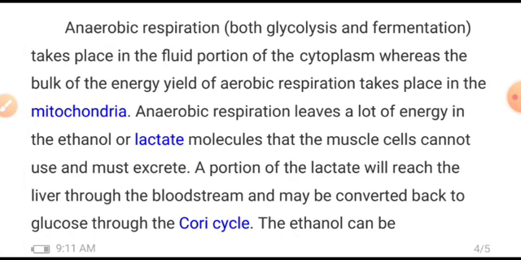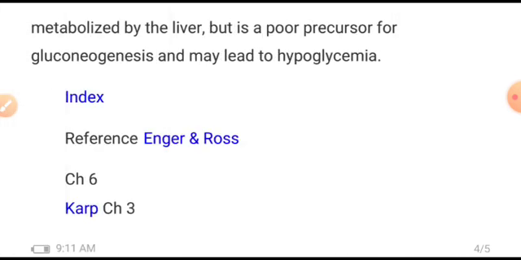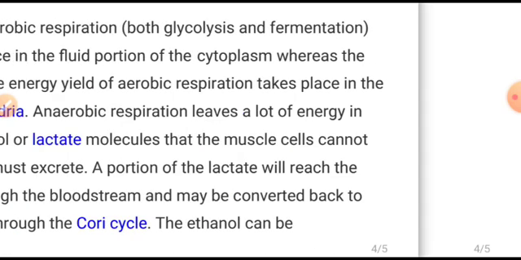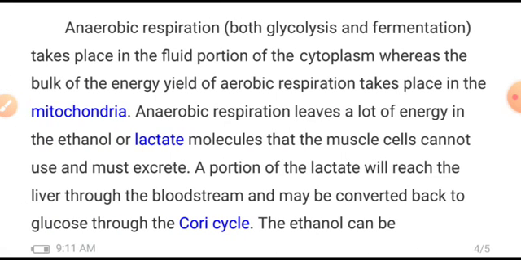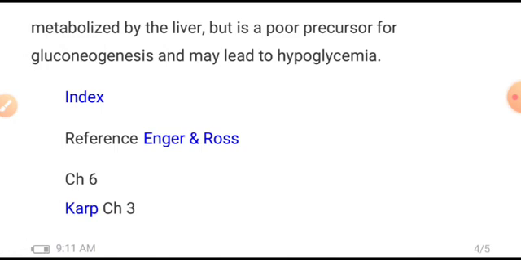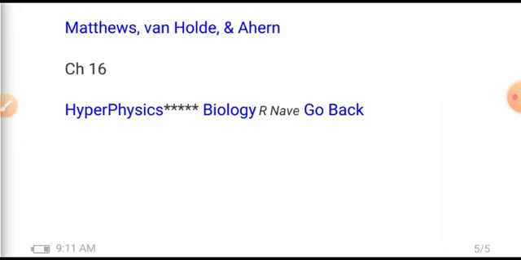The ethanol can be metabolized by the liver, but it is a poor precursor for gluconeogenesis and may lead to hypoglycemia. So this is the ethanol that was provided in the process after lactate was converted, and this can be harmful, causing hypoglycemia.